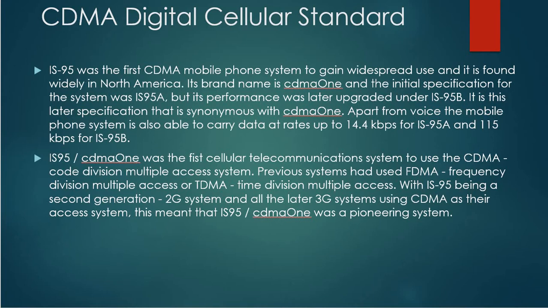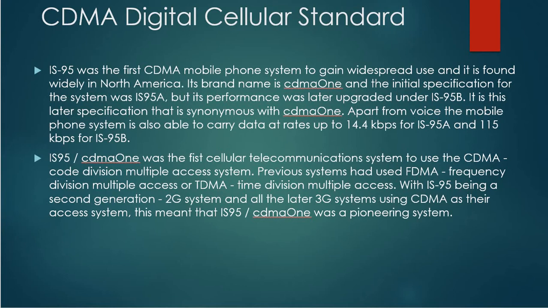So these are the two specifications used in CDMA1, with a data rate up to 14.4 kbps for IS95A and 115 kbps for IS95B. So IS95, or CDMA1, was the first cellular technology system to use CDMA, code division multiple access.